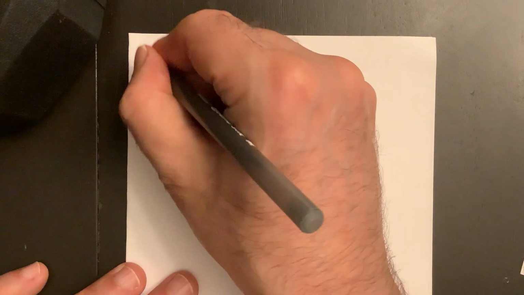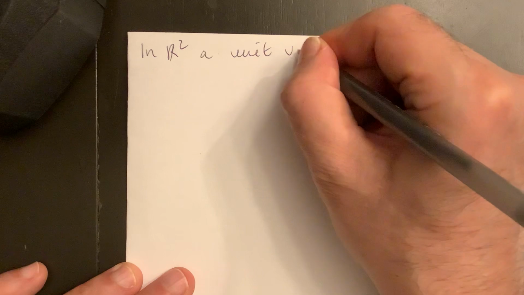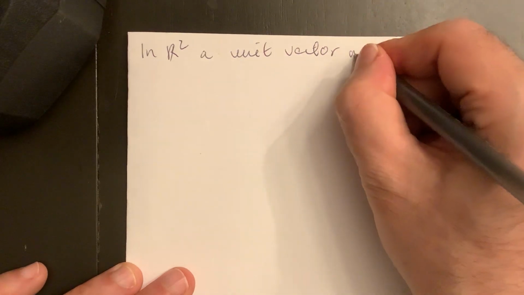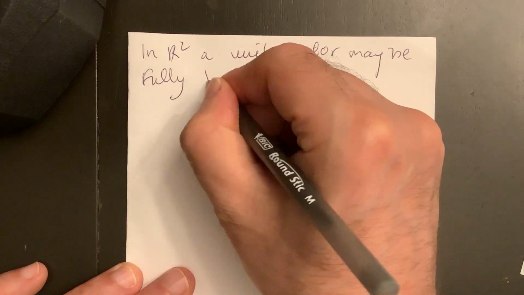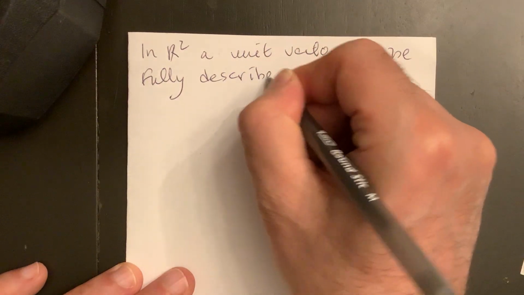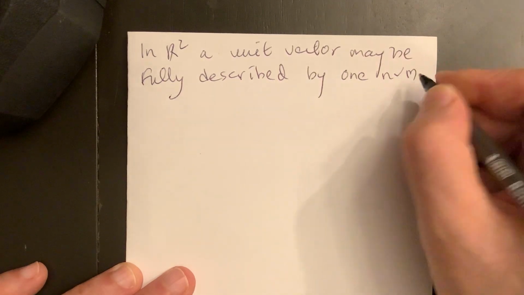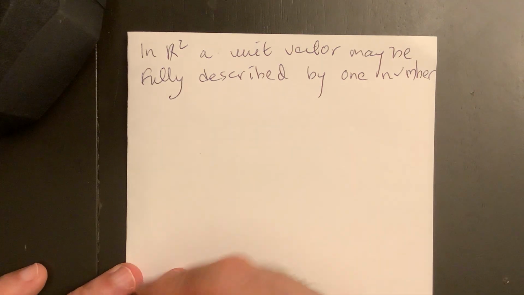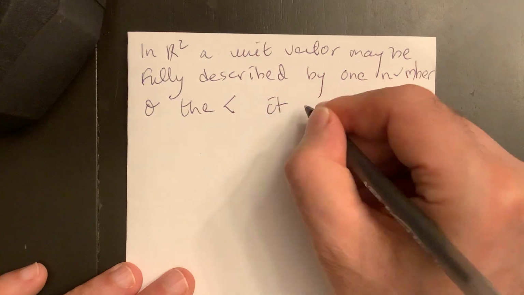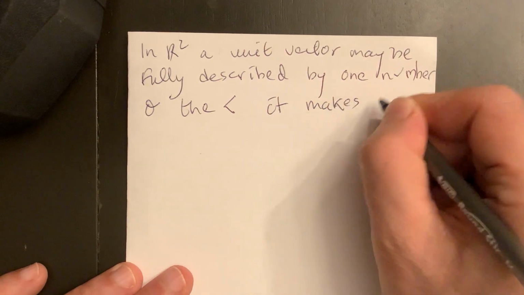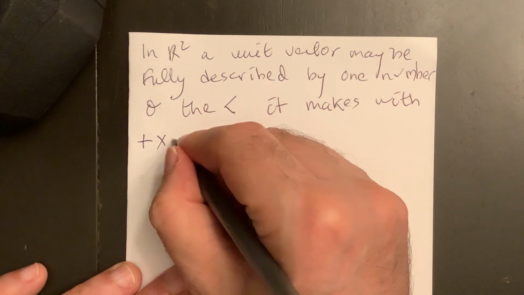So in R2, a unit vector may be fully described by one number, say theta, the angle it makes with the positive x-axis.